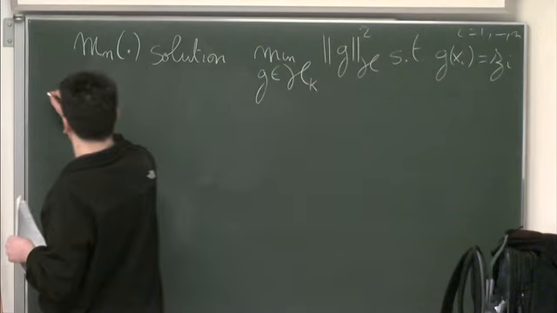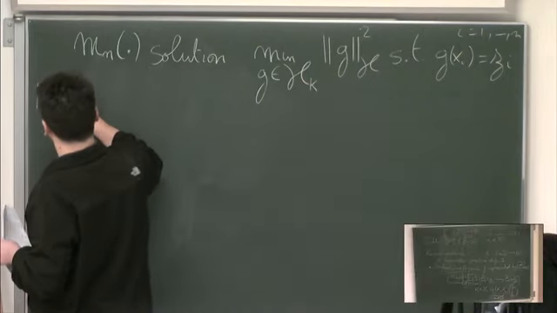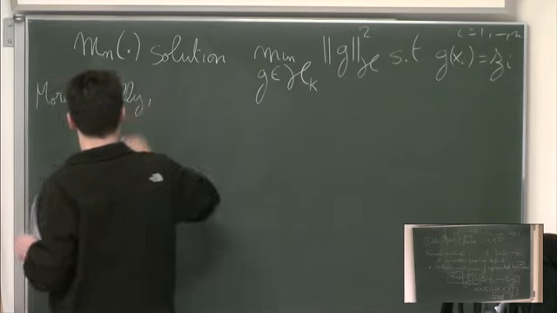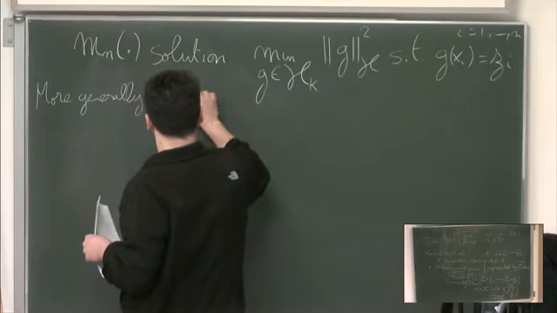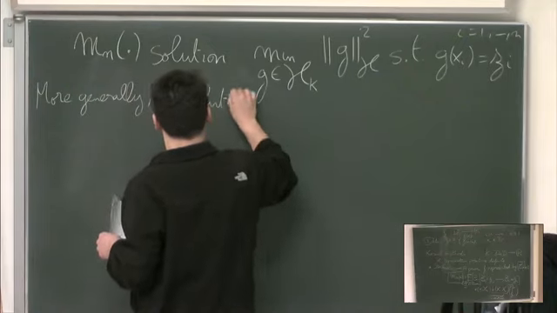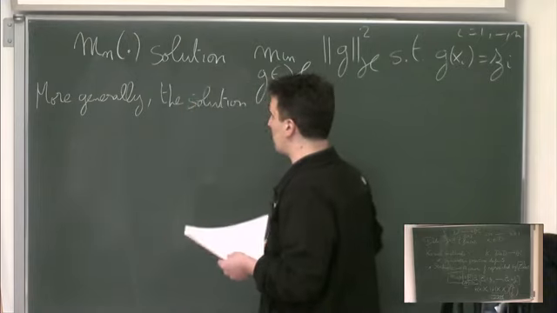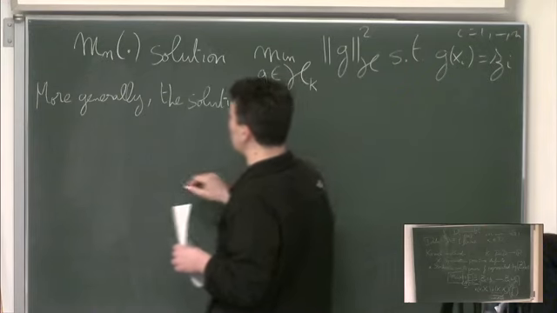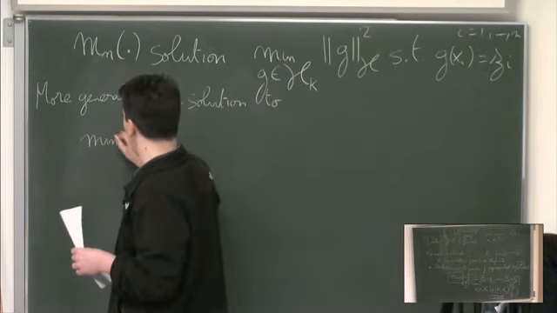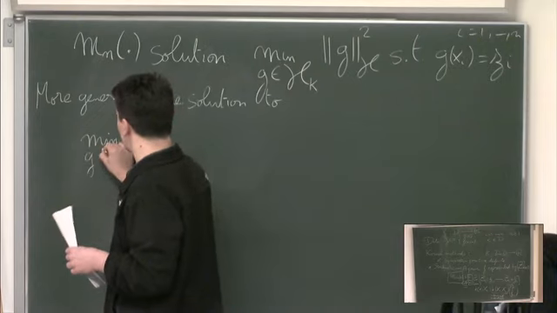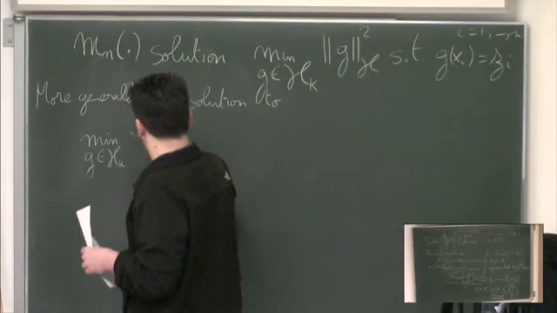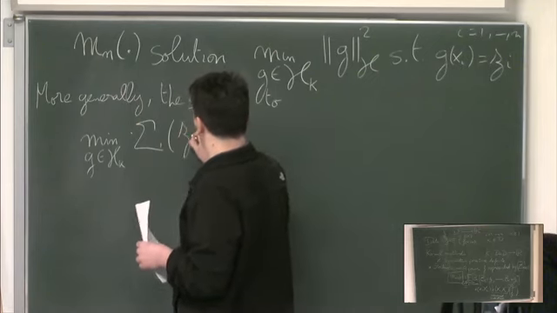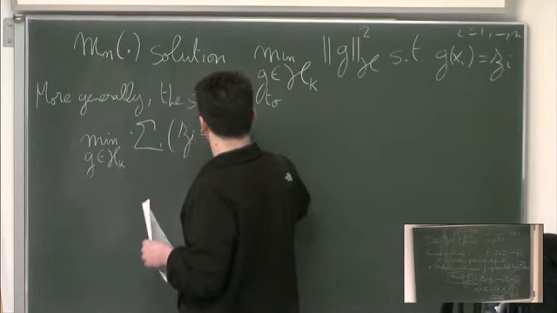And actually, you can even generalize this, assuming that you have the matrix invertible and so on, to the minimization over the RKHS of the sum of squares of zi minus f of xi.